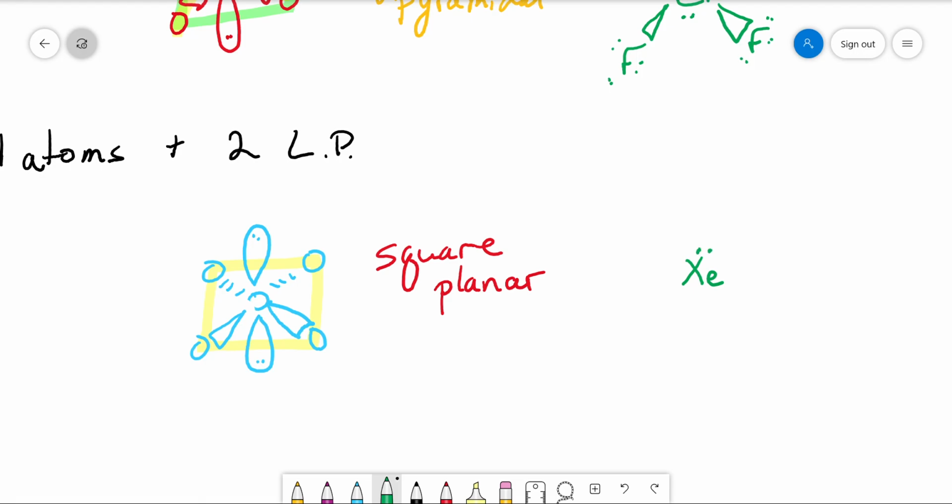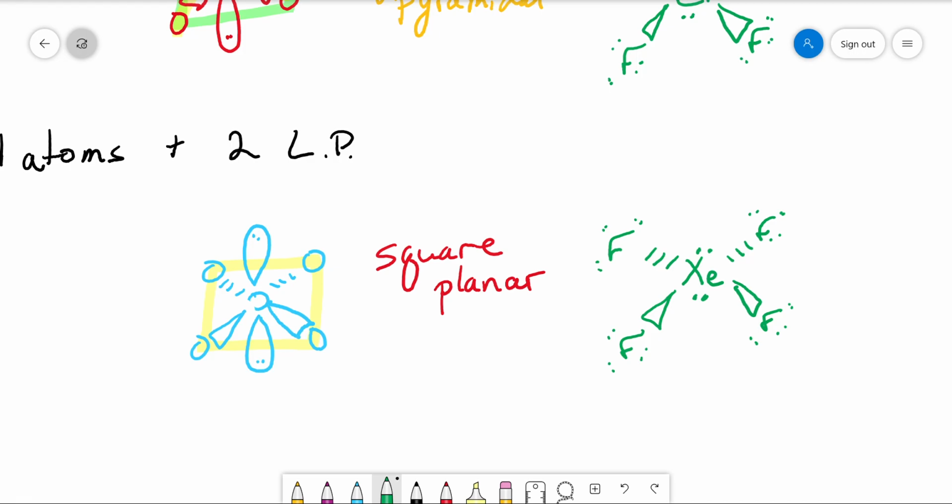So lone pair, fluorine, fluorine. I think you get the idea, but I'll finish it out. All right, so there's xenon tetrafluoride.